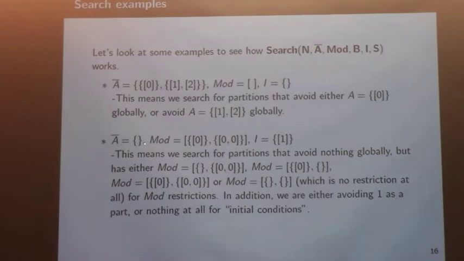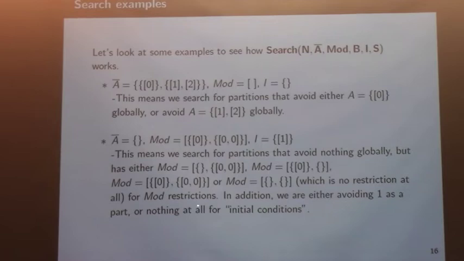If A bar is the empty set, mod is a list containing these two sets, and I is a set containing this single partition, this means we are searching for partitions that avoid nothing globally. There are 4 possibilities for mod because we're taking partition products of the power sets of the sets in mod. So this is how we searched.